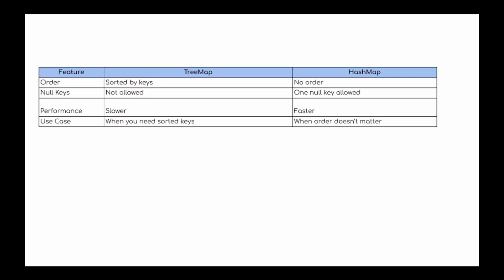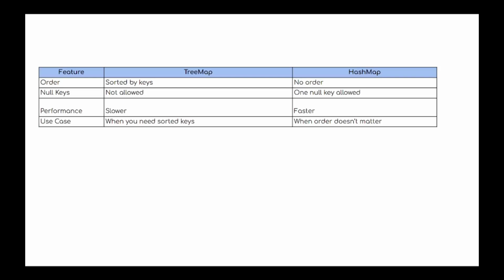And if we compare the HashMap and the TreeMap together, when you're talking about the order, TreeMap maintains a sorted order, and the HashMap does not maintain any order.